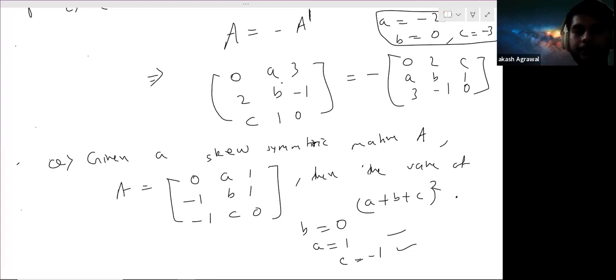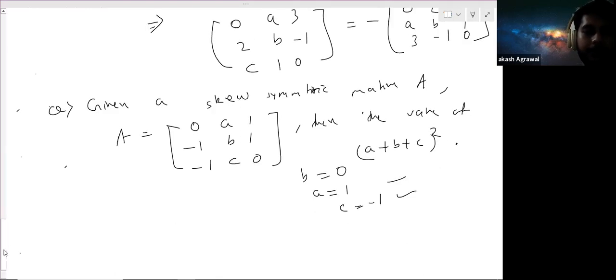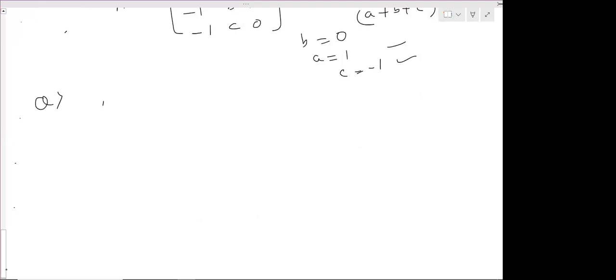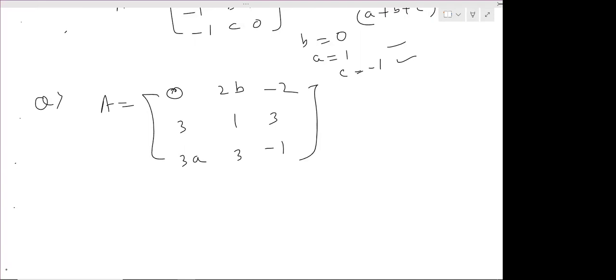Everyone okay with this? One more question on this. A is given as [0, 2b, -2; 3, 1, 3; 3a, 3, -1]. They are saying A is a symmetric matrix, find a and b.